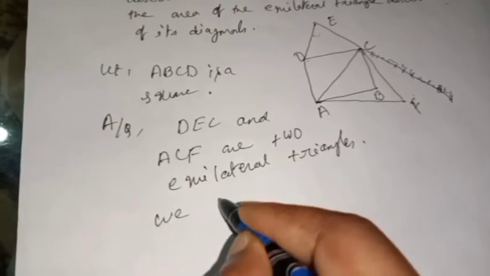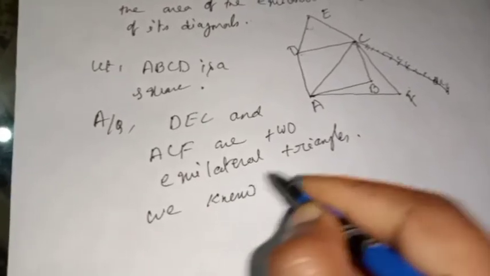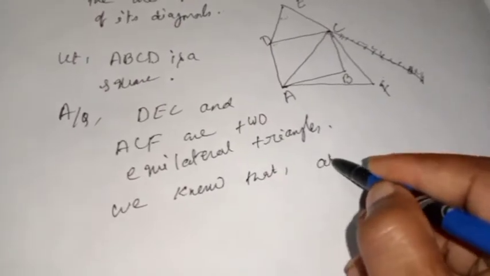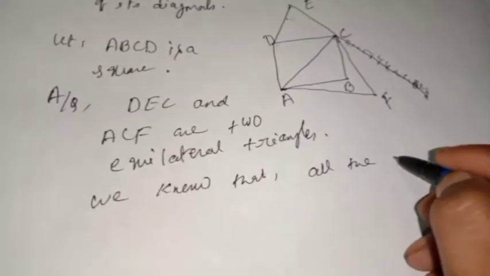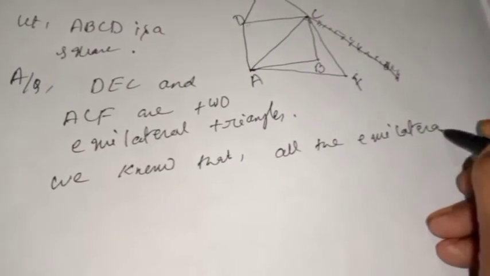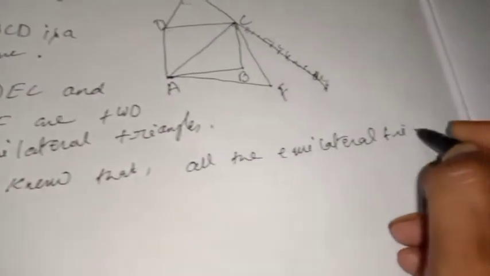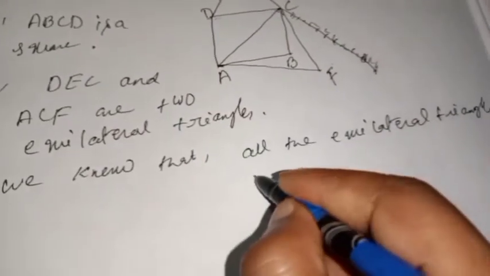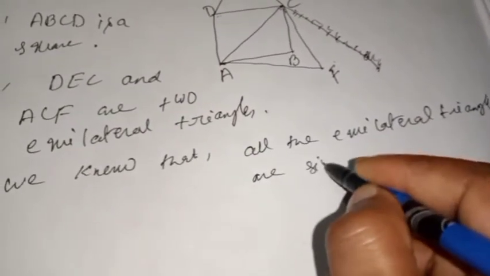We know that all the equilateral triangles are similar.